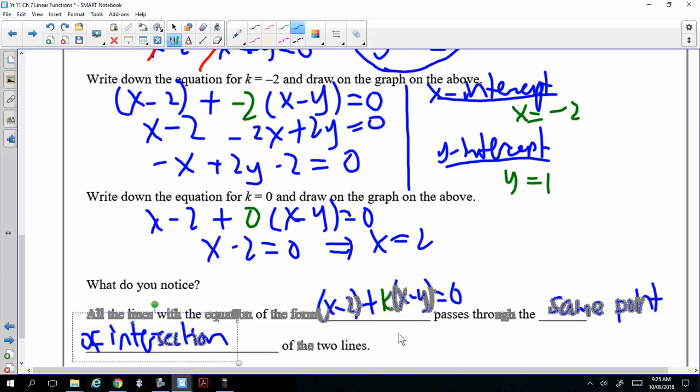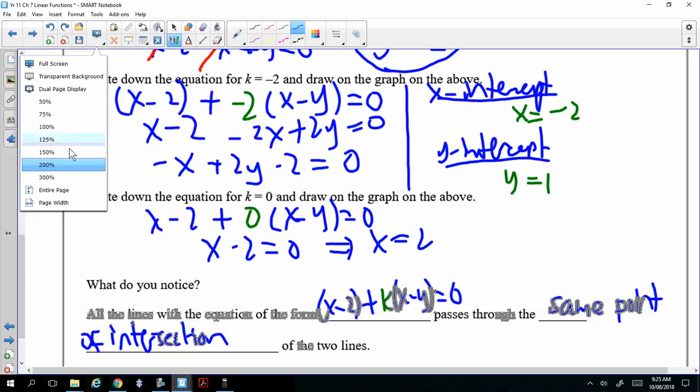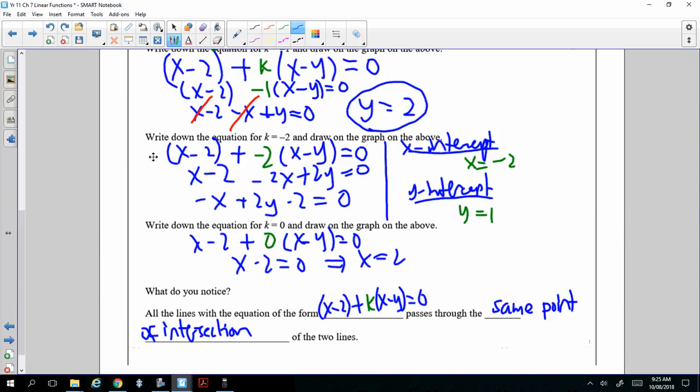Okay, that's pretty good. So now we see what that means when we put a k there. That will lead us to the next section naturally. Now we have a formula for the family of lines through the same point of intersection. So basically, let's recap again. So this is like a family. Different k values, you get different lines.